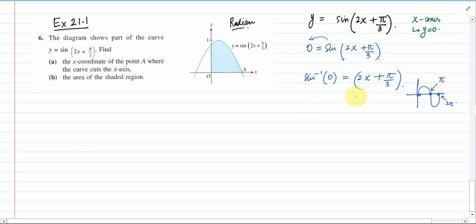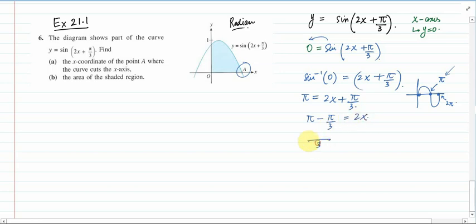We need to find out the value of x for a, right? So sine inverse 0 has 3 values, that means 0, pi and 2 pi, but after 0 the first value we are getting is pi. So with the value of pi, it's 2x plus pi over 3. So pi minus pi over 3 equals 2x.